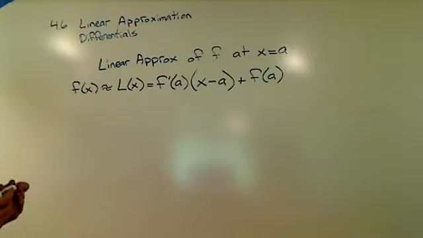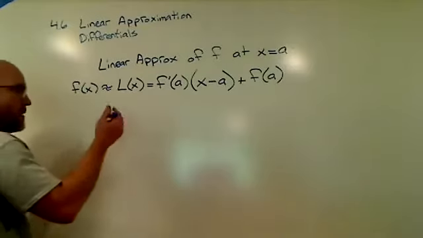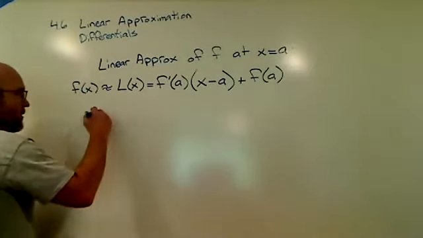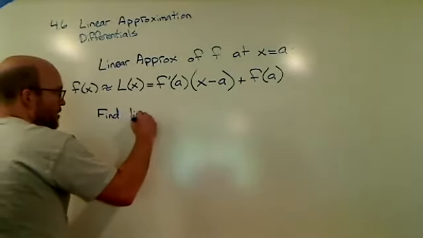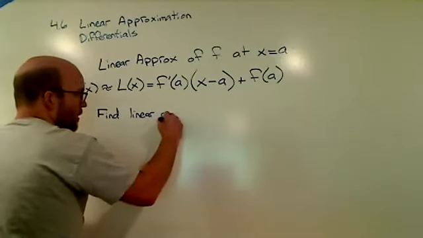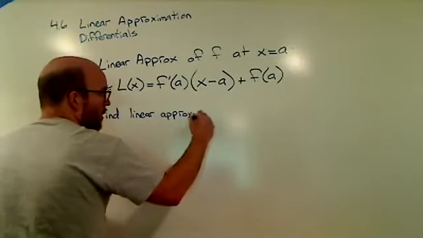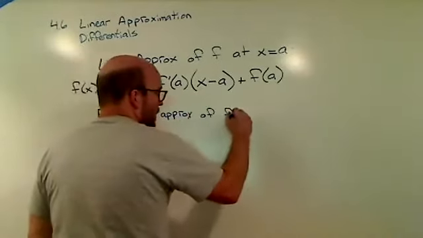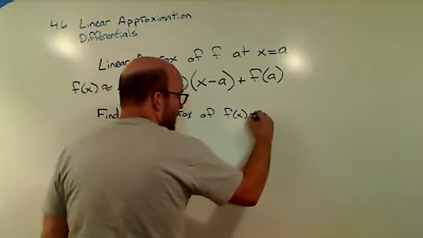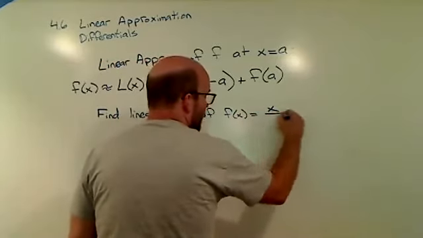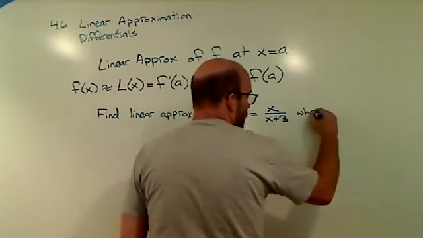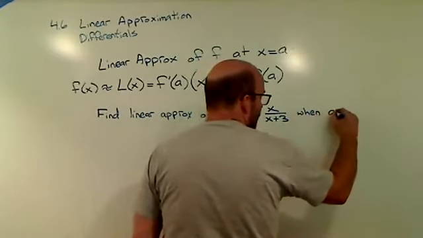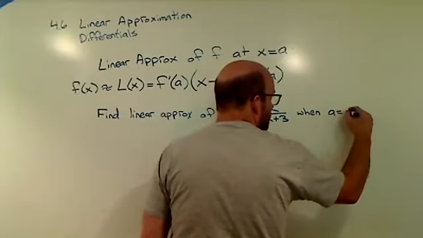Okay, so let's just start with this. We won't actually estimate here. Let's say that we're asked to find the linear approximation of f of x is equal to x over x plus 3 when a is equal to 3.